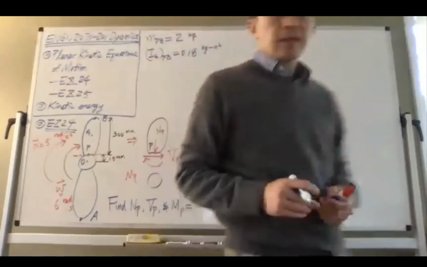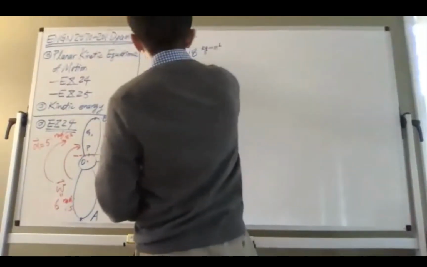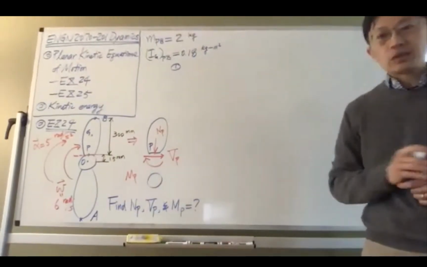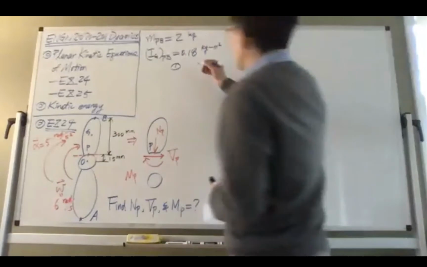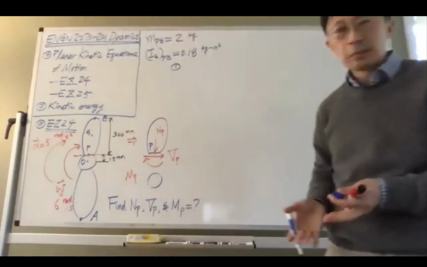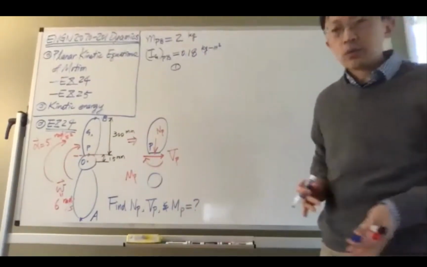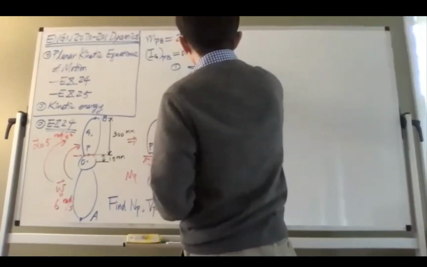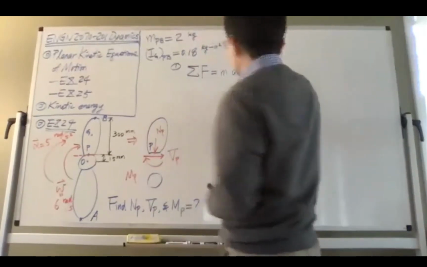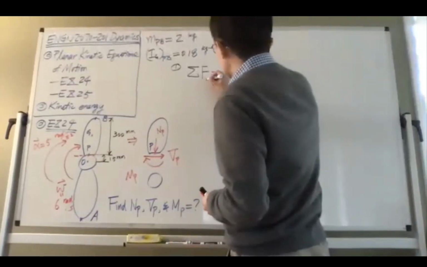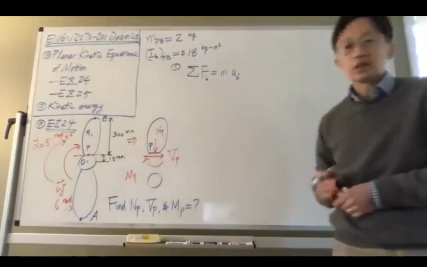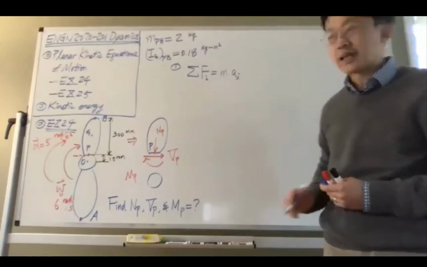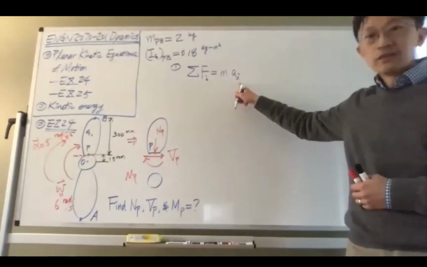Okay. Now, how do we solve the problem? First of all, in order to determine the force equilibrium, you remember the difference between angular motion and linear motion is this. In linear motion, we set the summation of force in a certain direction equal to the product of mass times the resultant acceleration in that direction.